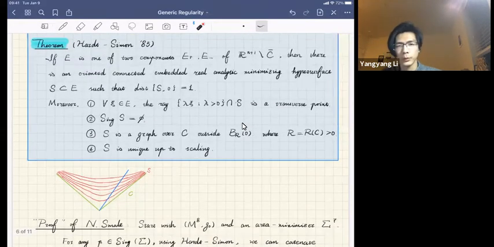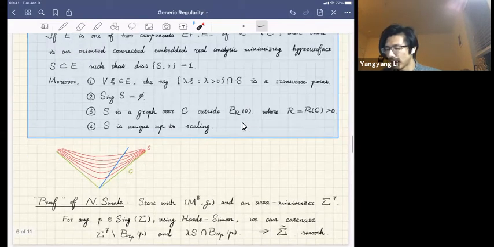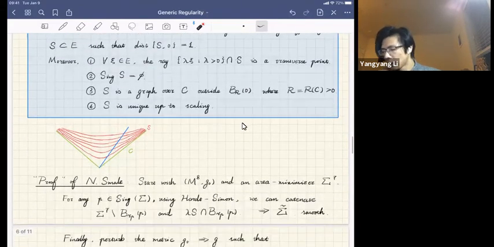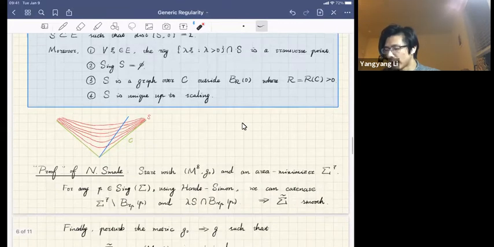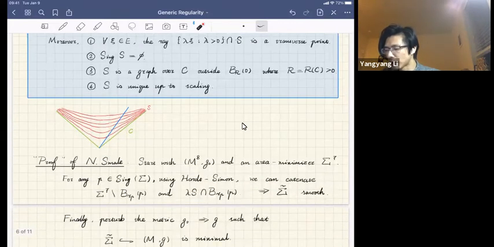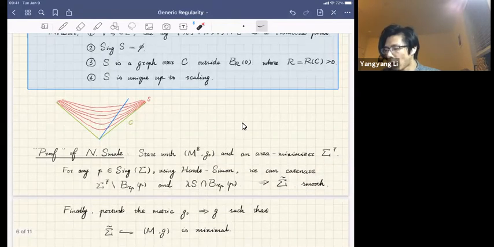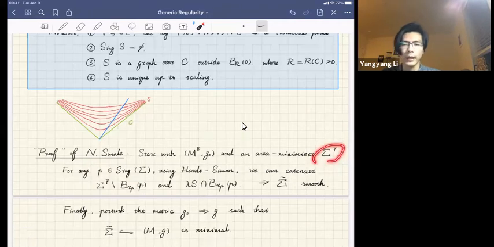So with this theorem, we can give a rough proof of Nathan Smale's result. If we start with an arbitrary metric g_0 and also an area minimizer sigma 7, then a priori we don't know whether sigma is smooth or not, but we can fix one single point P inside the singular set if it's non-empty.